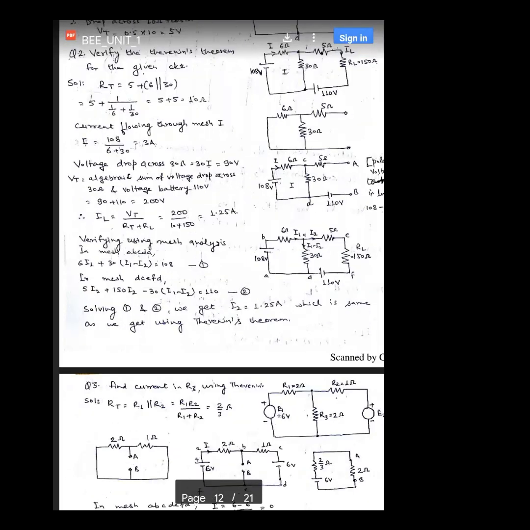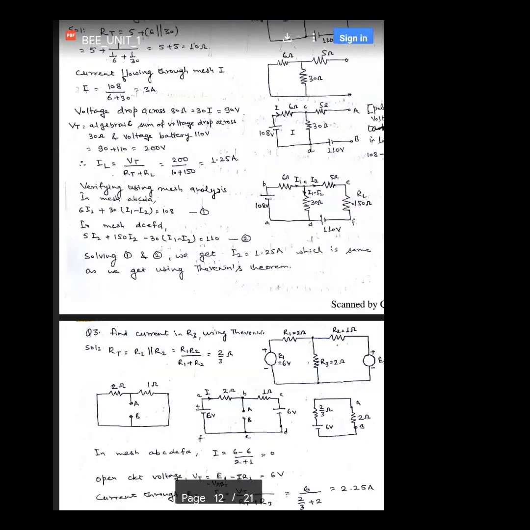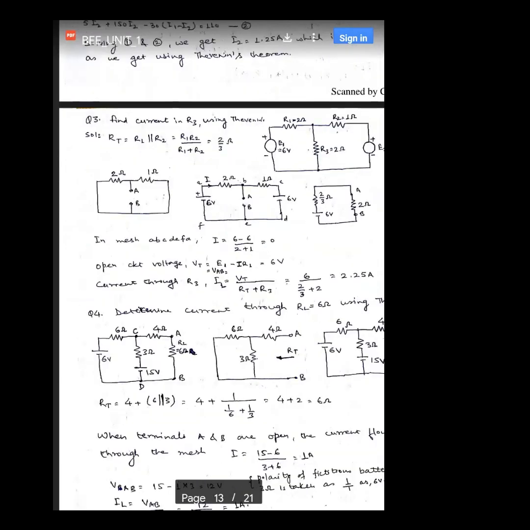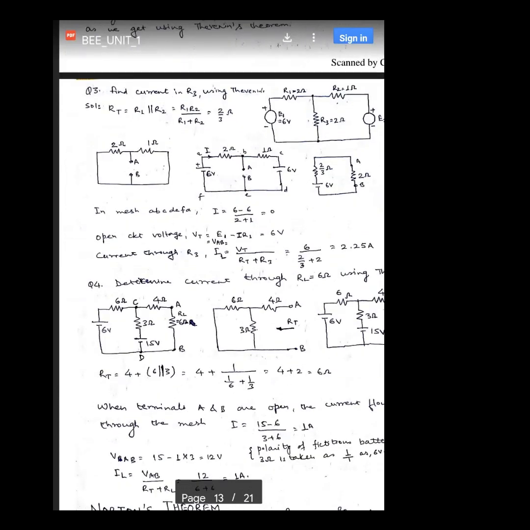Okay, we have observed that by following the Thevenin theorem and also using this mesh analysis, we get the similar load current of 1.25 amperes. In the mesh analysis, we were having two equations and two unknowns, I1 and I2. Here I2 is the load current, or the current which is flowing through the load. So we have observed that these two currents were identical. So we can say that the Thevenin theorem is verified. Okay.